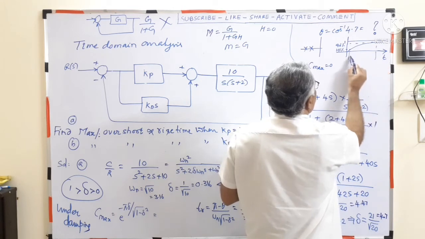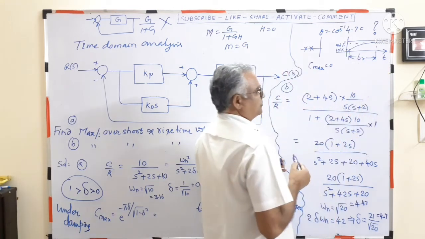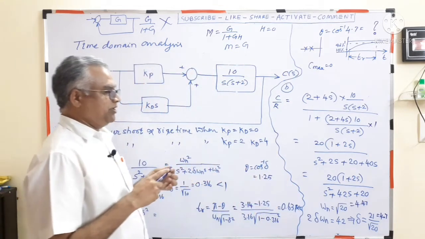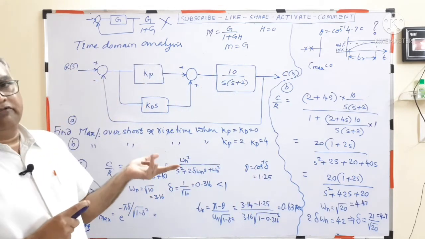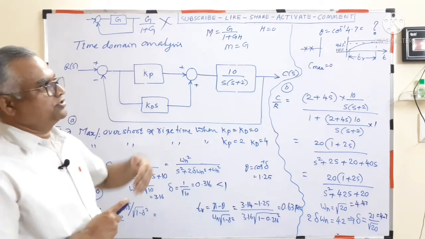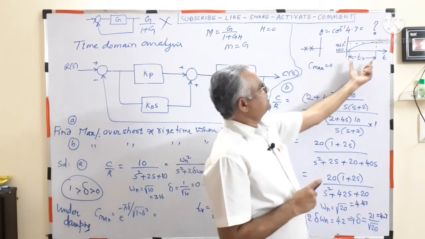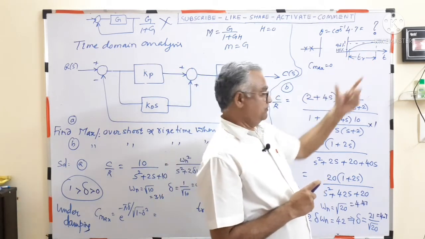So this gap is the rise time. In the underdamped case, time taken to reach 100% of final value is the rise time. Now here overshoots and undershoots are not there. In the overdamped case, this is how you have to find the rise time.